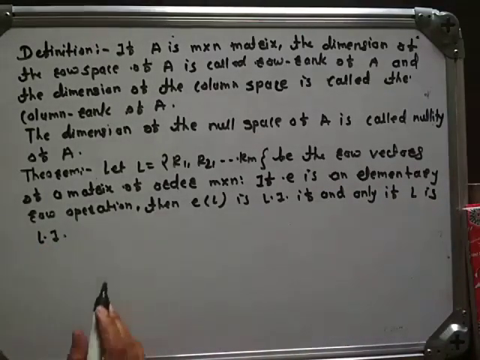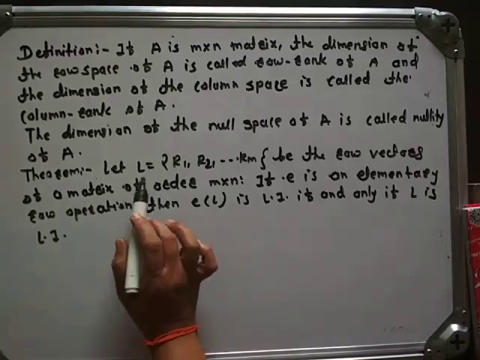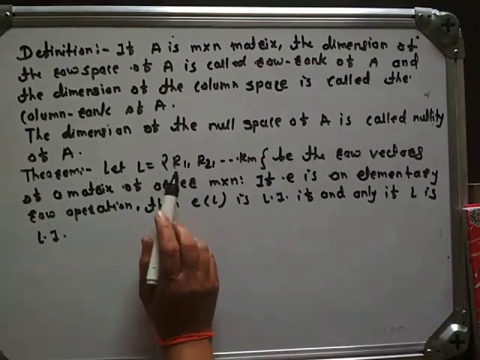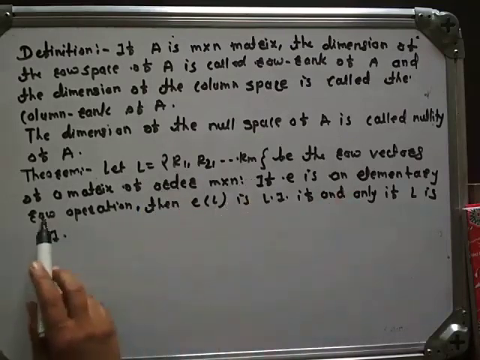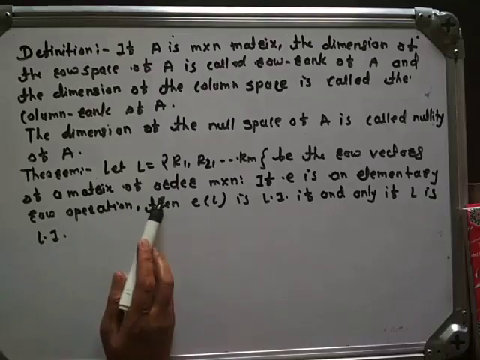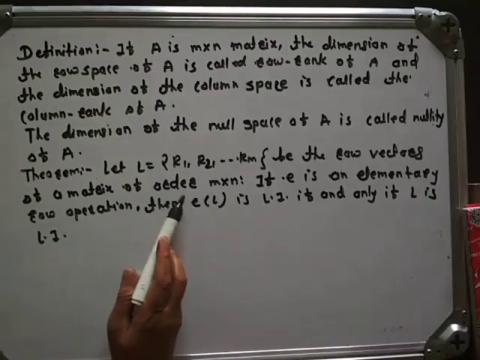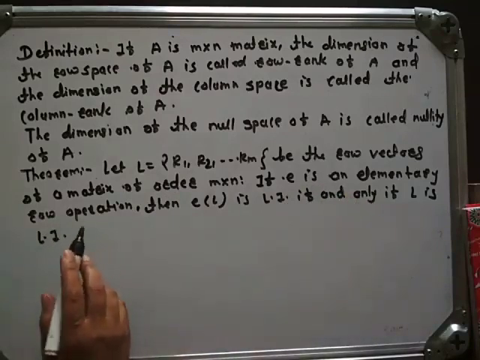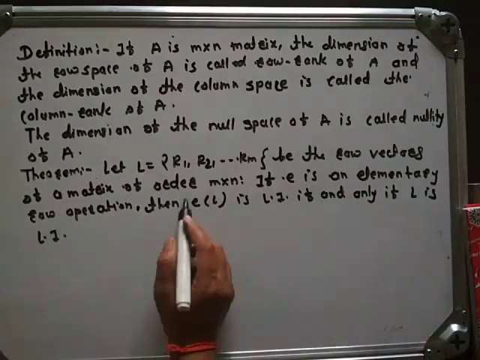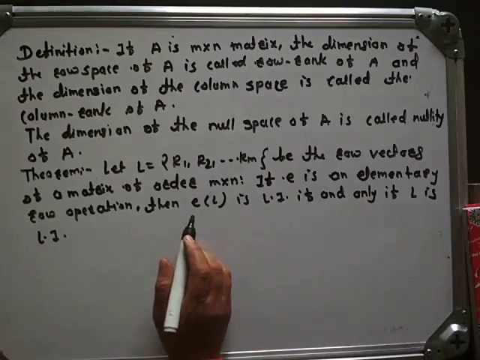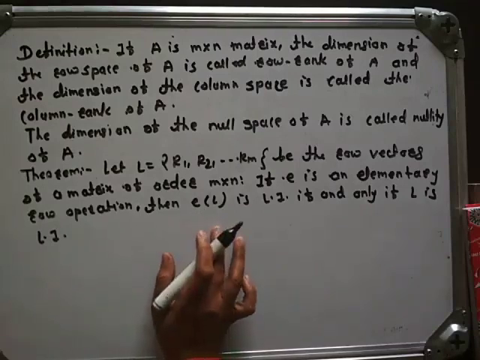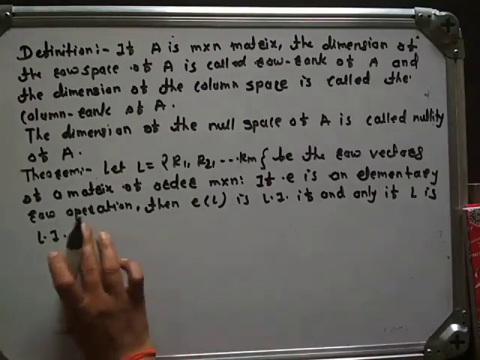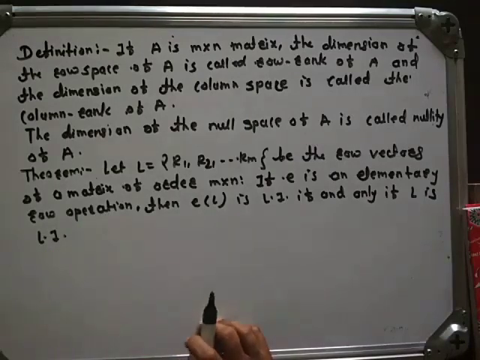Okay. See here, what does the theorem say? Let L be the set R1, R2, up to Rm, the row vectors of a matrix of order m by n. If E is an elementary row operation, E of L is the set of row vectors obtained by performing an elementary row operation.